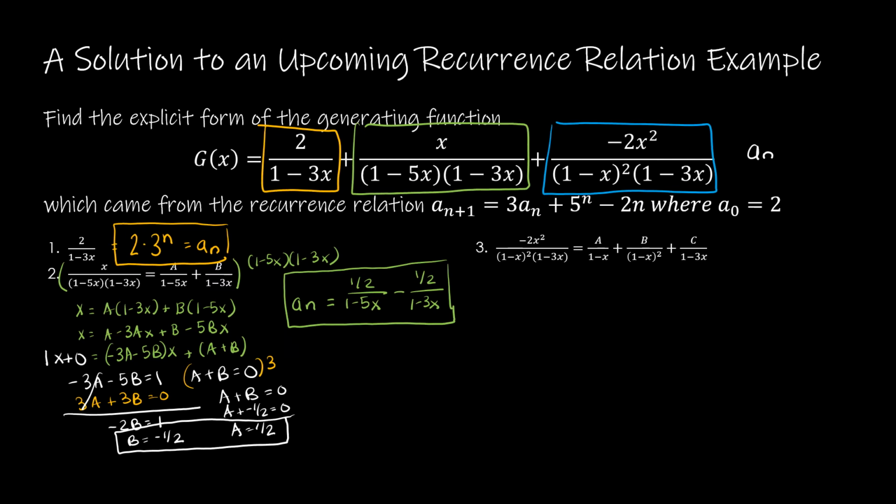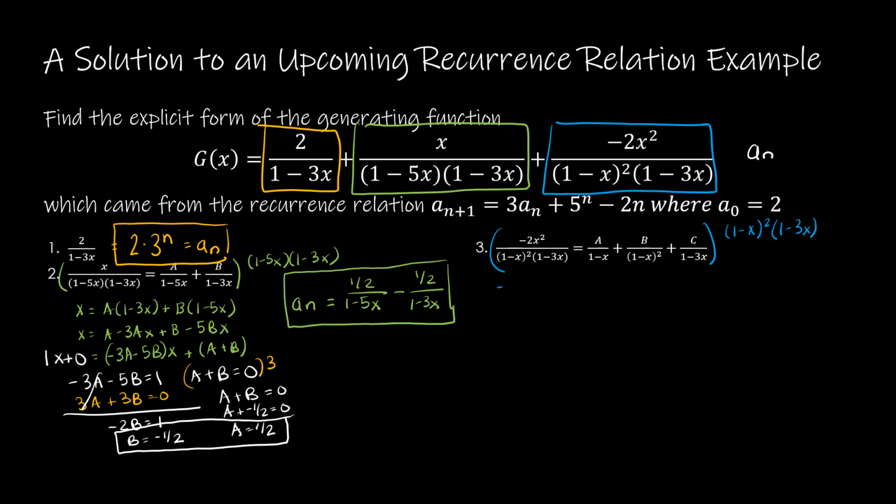Keep in mind I have a double root, and with a double root I write the single root the first time and the double root the second time, in case you've forgotten that about our partial fractions. And I'm going to follow the same steps. So I'm going to take everything here times 1 minus x quantity squared, 1 minus 3x.